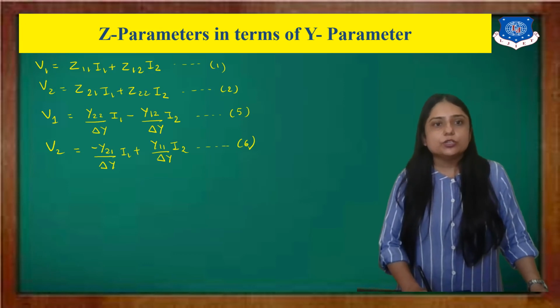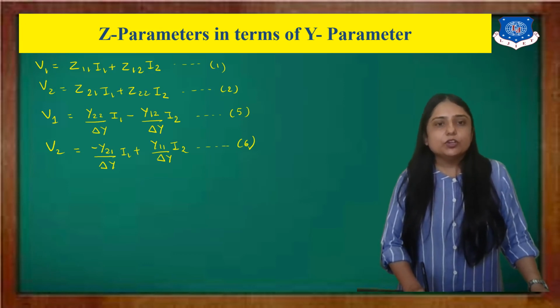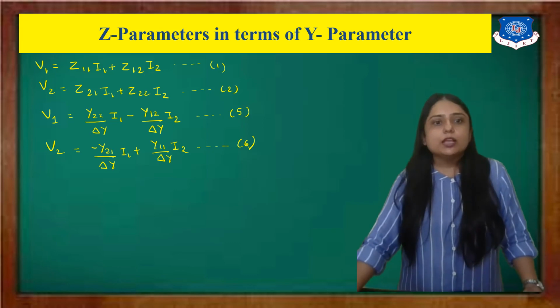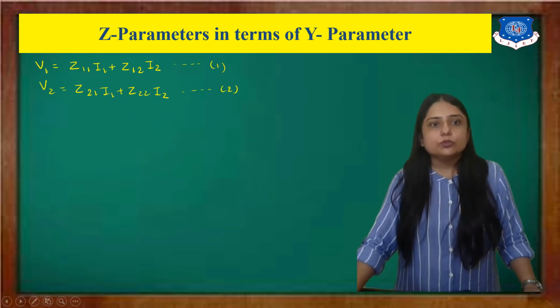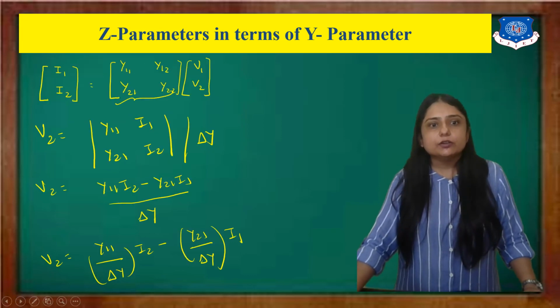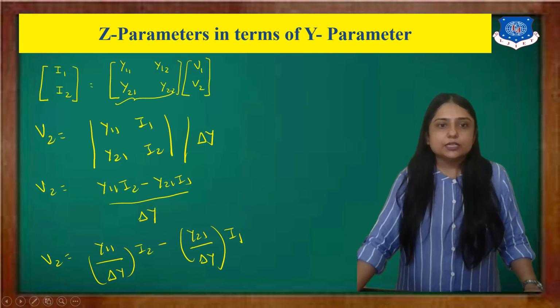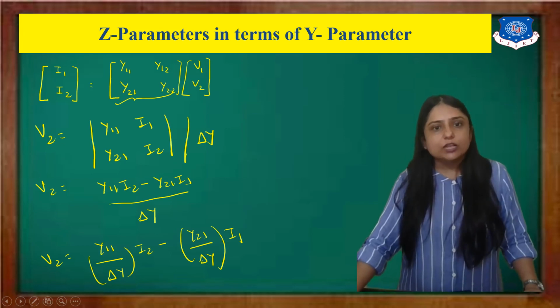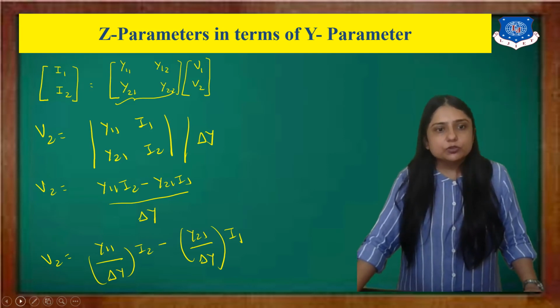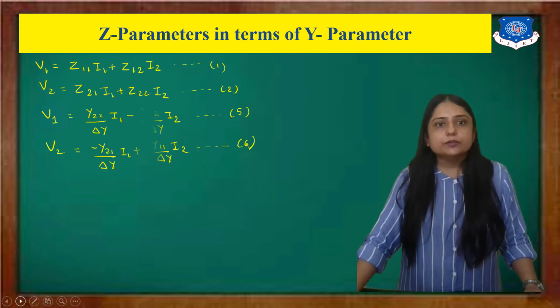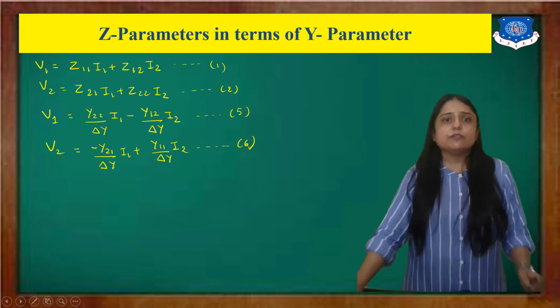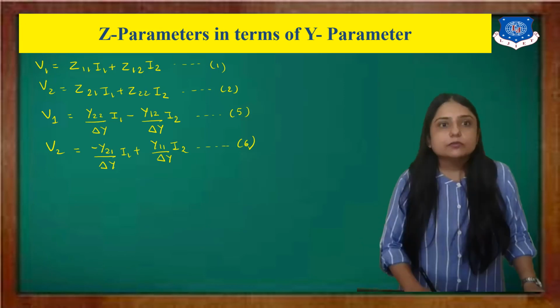See here, Y22 upon delta Y into I1, Y12 upon delta Y into I2. And this is the equation of V2. Here, first I'll write the I1 term, so it is minus Y21 upon delta Y, plus Y11 upon delta Y into I2.